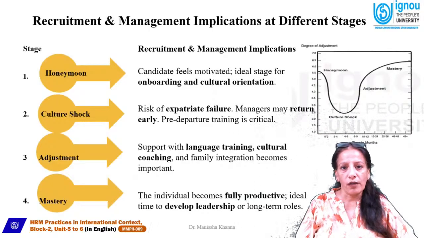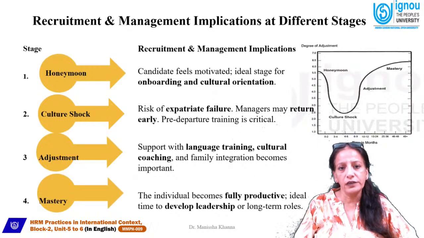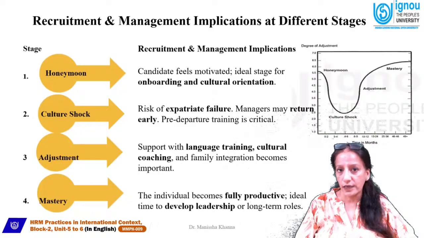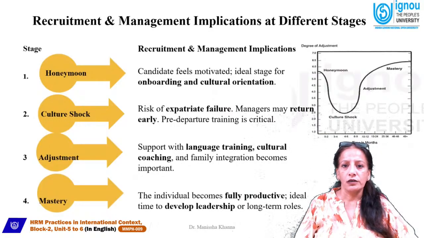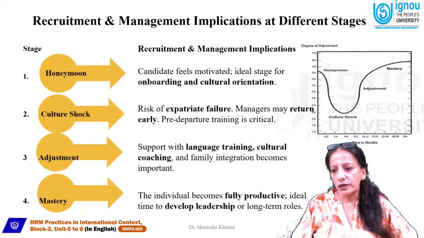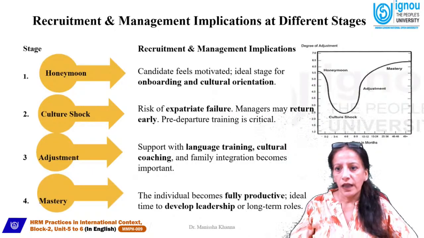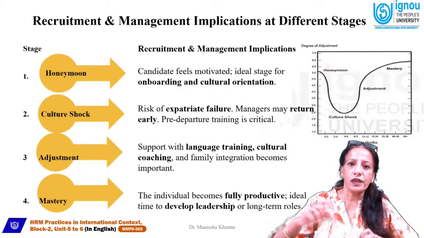So their family needs to be addressed very carefully, and the family needs to be involved during the selection process. Then finally comes the mastery stage, where it takes time and the degree of adjustment again goes up.